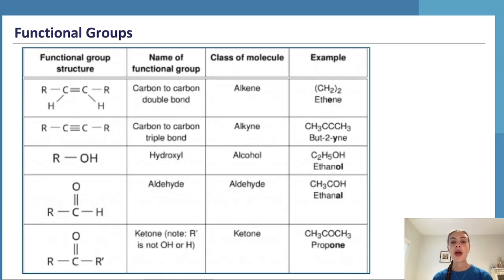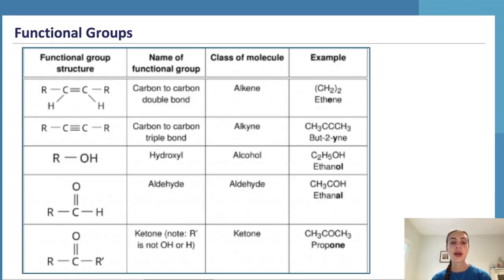An example of this could be ethene, which would be CH2CH2, having 2 carbon molecules with a double bond between them, and then due to each atom wanting to have a stable octet, there would be 2 hydrogens bonded to each of the carbon molecules in order for the carbon molecules and the hydrogen molecules to attain a stable octet.